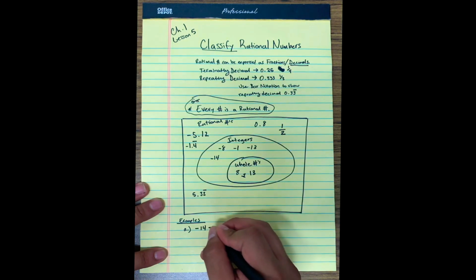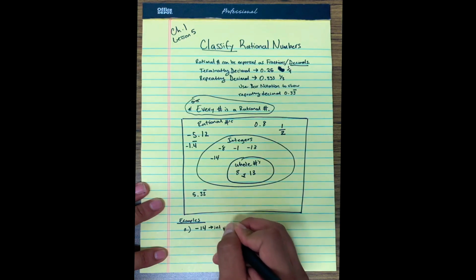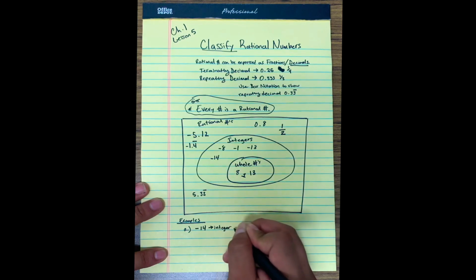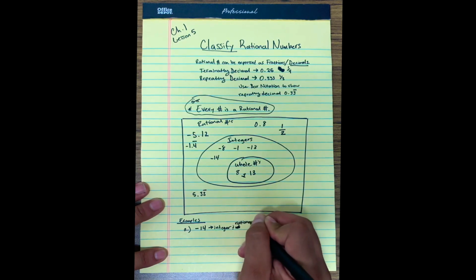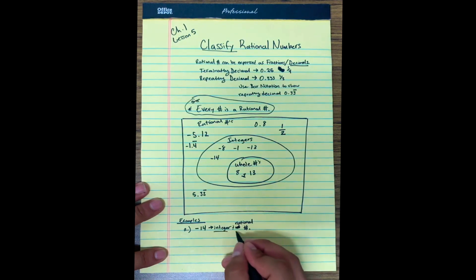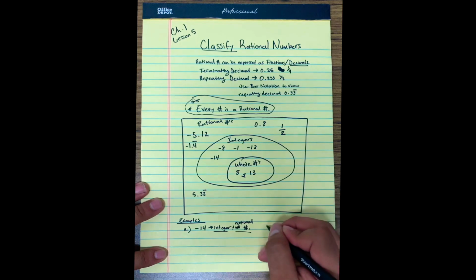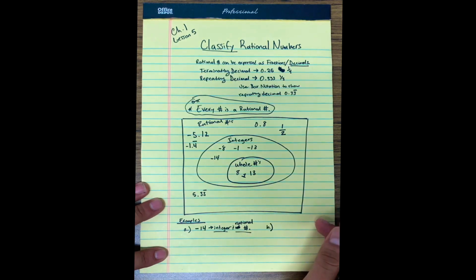Alright, I already put it in the integer section. So a -14 is an integer, and it's also a rational number. I almost put a whole number. Jeez Louise. It's not a whole number, guys, because it's not positive. So a -14 is just an integer and a rational number.